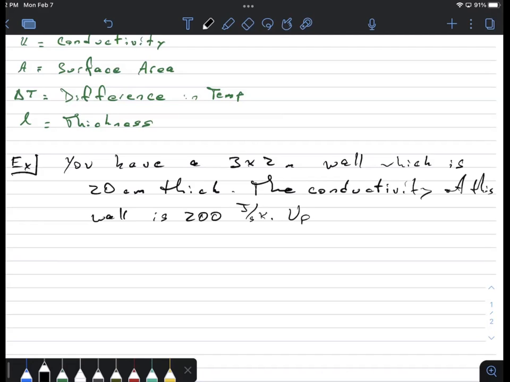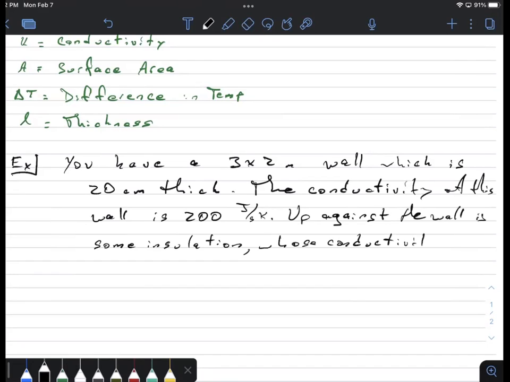Up against the wall is some insulation whose conductivity is 50 joules per second Kelvin.